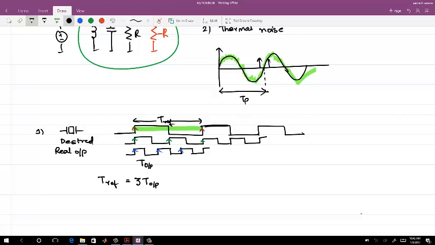But this is not what you wanted. What you wanted was 2 times T output. This is the desired. So what is the error?